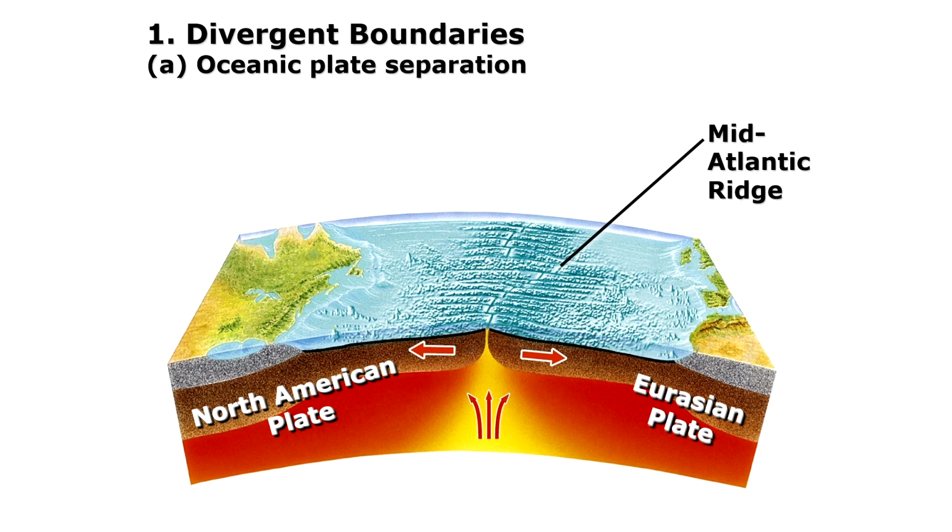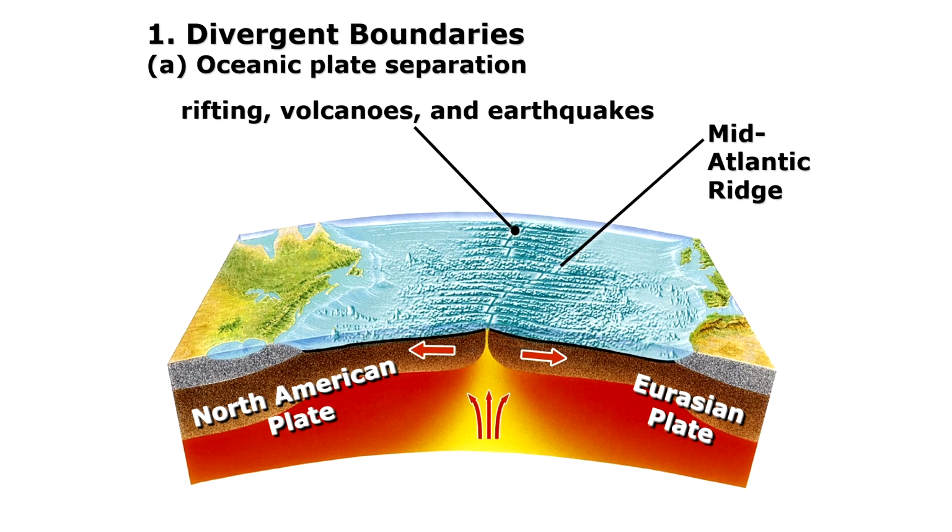Okay. So, these are nothing but spreading centers mainly. This is an example shown between the North American plate and the Eurasian plate, where we see a sort of rifting. Volcanoes you will also come across, but not major ones as we see in the subduction zone, and of course, earthquakes.